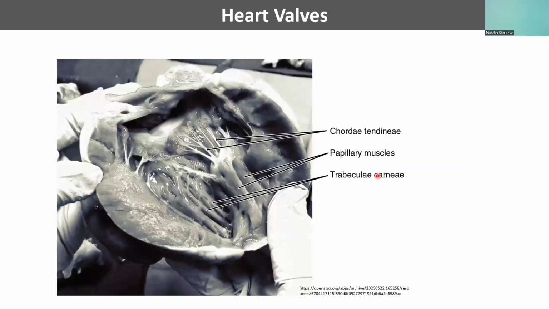So that's how it really looks. These are the papillary muscles, and attached to them we have the chordae tendineae, the heartstrings, and they keep the valve in the correct position when the ventricles contract.